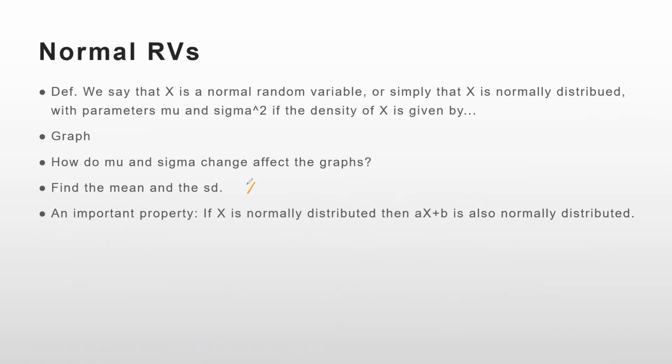In fact, if x has a normal distribution with mean mu and standard deviation sigma, then ax plus b is also normally distributed with mean a times mu plus b, because expectation is linear, right? So it is a times E of x plus b. So yeah, a mu plus b is the new mean.